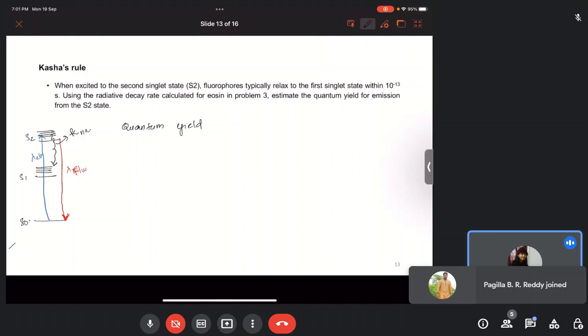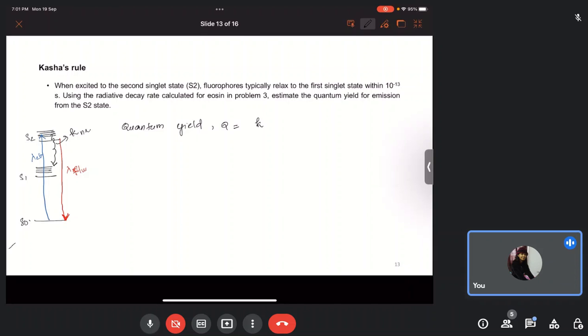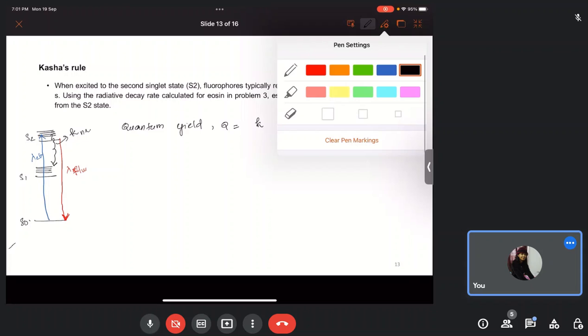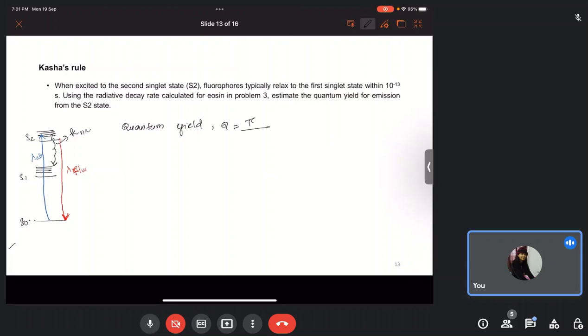Now for the fluorescence quantum yield, we all know that the quantum yield Q is equal to gamma divided by gamma plus KNR, where gamma is the radiative rate of the fluorophore.